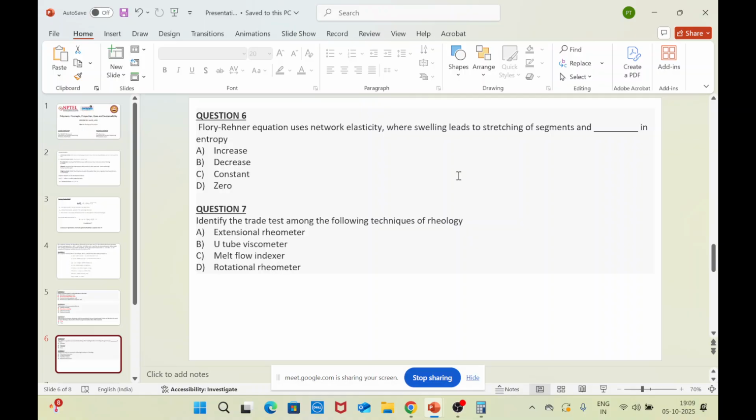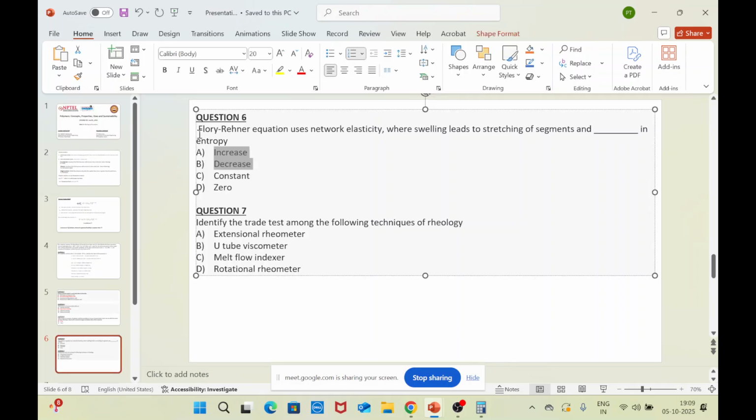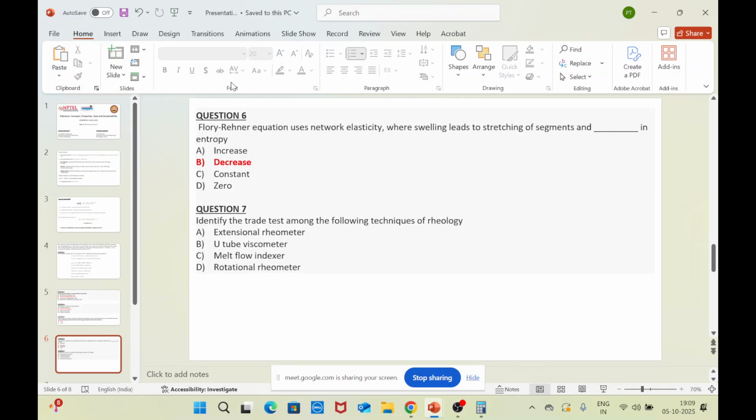Entropy is a measure of the degree of disorderness, conformational entropy. So as the conformational disorderness decreases, entropy also decreases. So is the option B? Is it fine? This we just discussed.